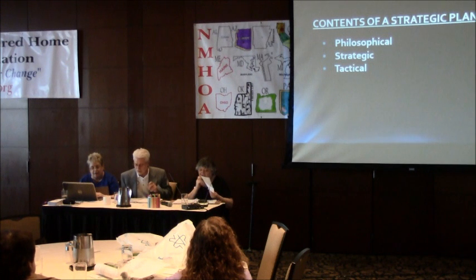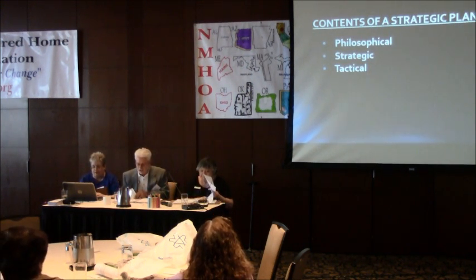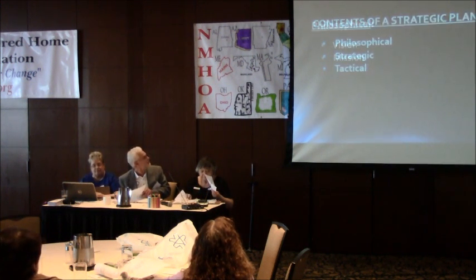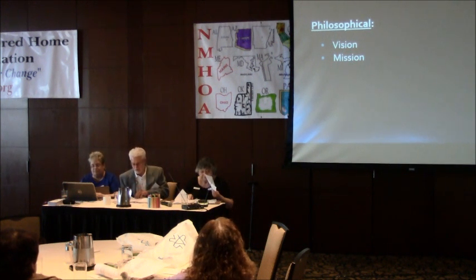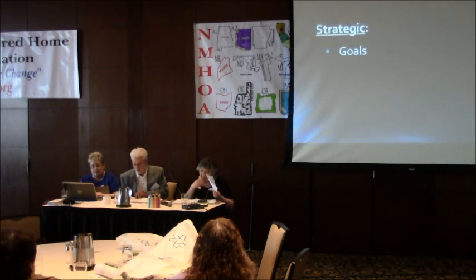Contents of a strategic plan. It breaks down into philosophical, strategic, and tactical. Next slide. Philosophical is broken down further into vision and mission. Next. Strategic is broken down into goals, and we'll have this in the packet.